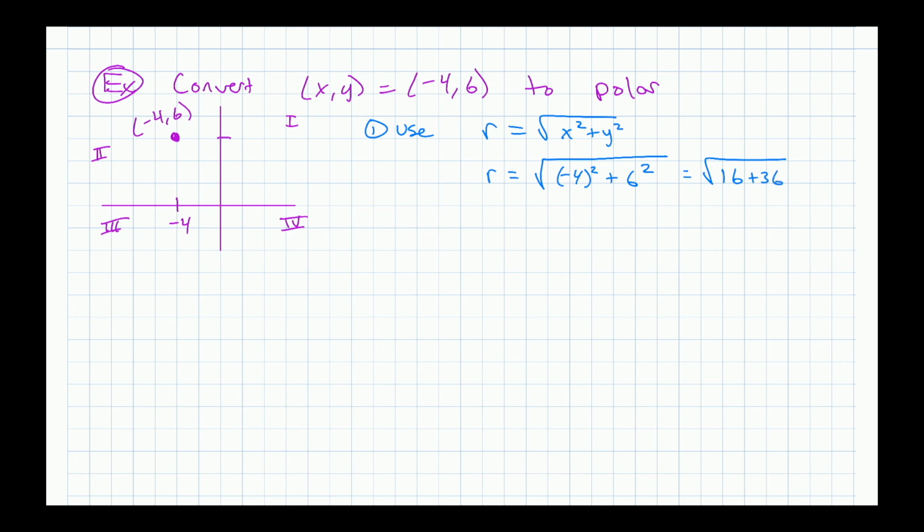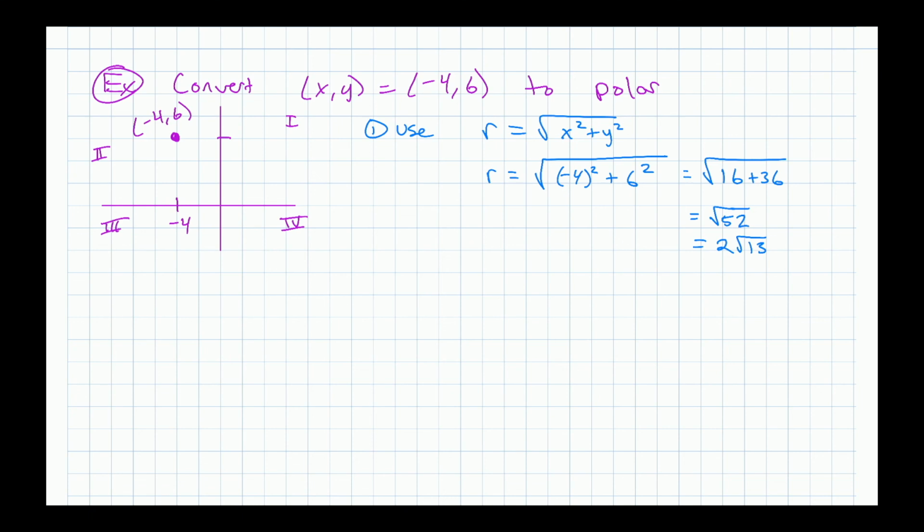What is that? Square root 52, I think. Is that right? I hope. Or 2 square root 13, as my calculator says. So you do that, you've got the r.